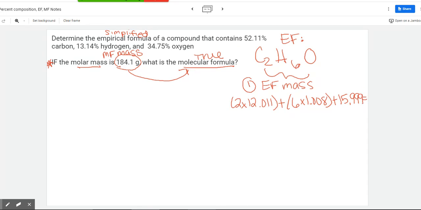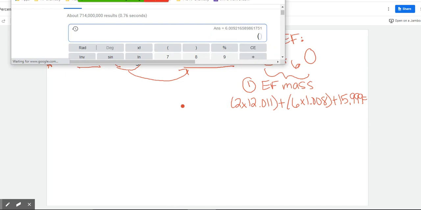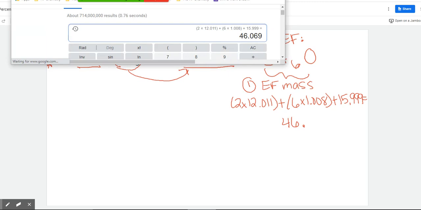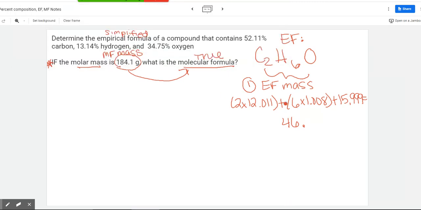When I add all those values together in the calculator, like you see right here, we end up getting 46.069. And that is grams per mole.